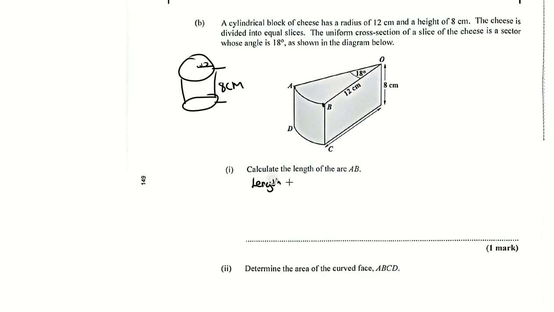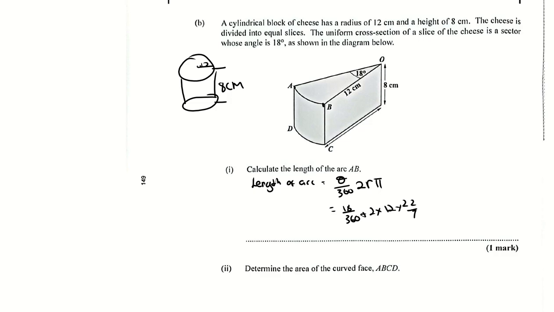Length of your arc is theta over 360 by 2 radius pi. That's 18 over 360 multiplied by 2 multiplied by the radius, which is 12, multiplied by 22 over 7.